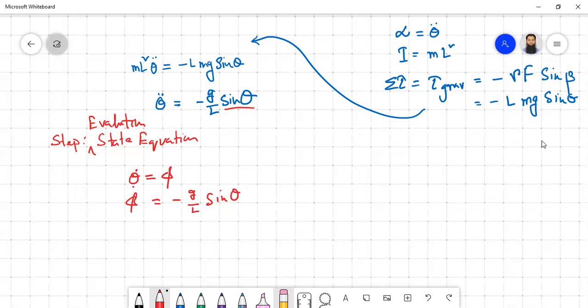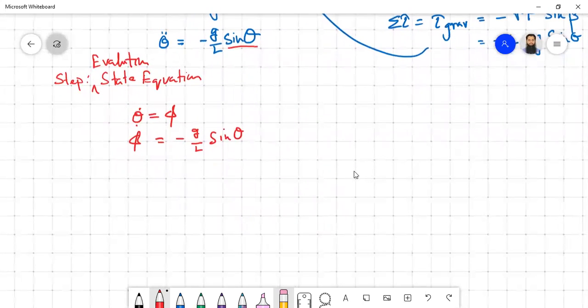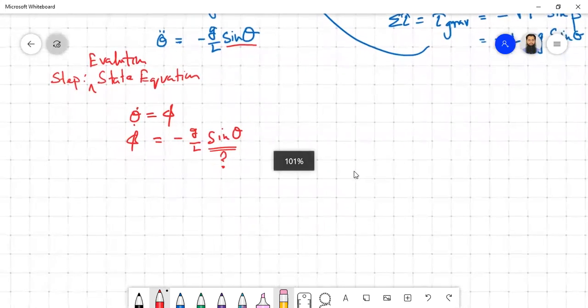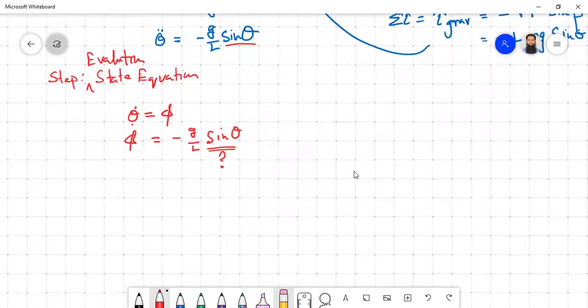Now if you want to represent it in matrix form, the difficulty here is basically this nonlinear term. So we'll be applying the linearization, and before that, in step 2, we actually have to figure out the equilibrium points.